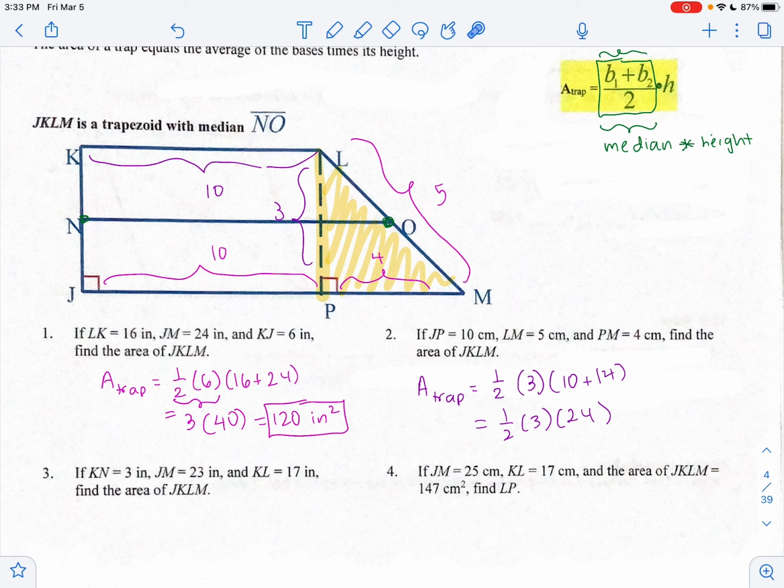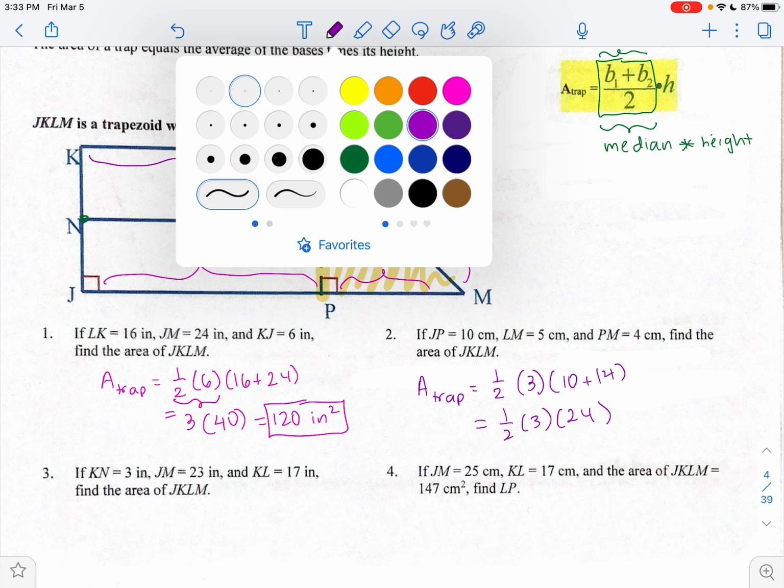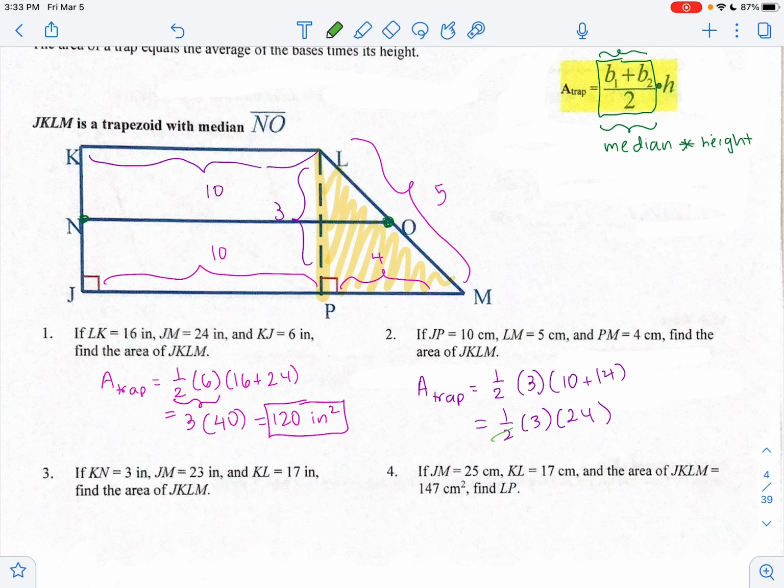It's easier for me to take half of 24, so 2 goes into 24 12 times. 12 times 3 is 36. And the units of measure for this trapezoid are centimeters squared.